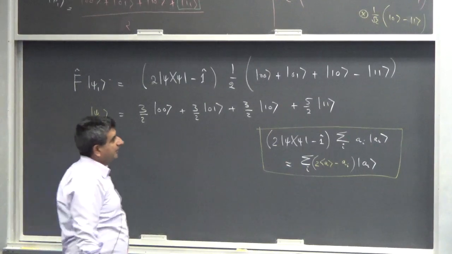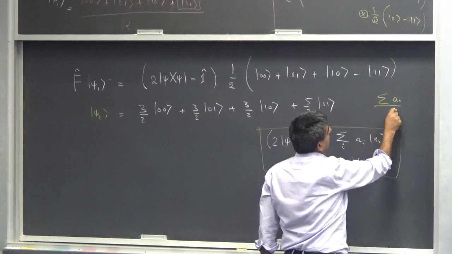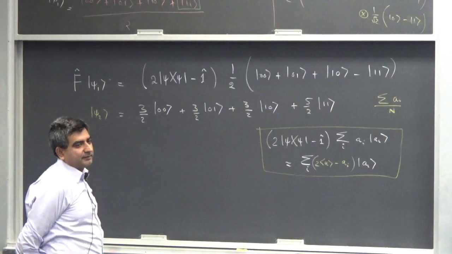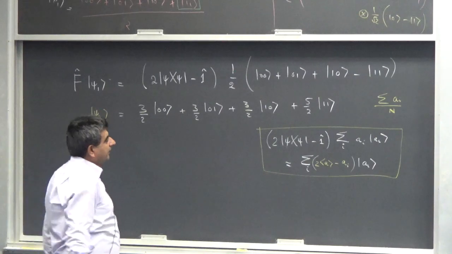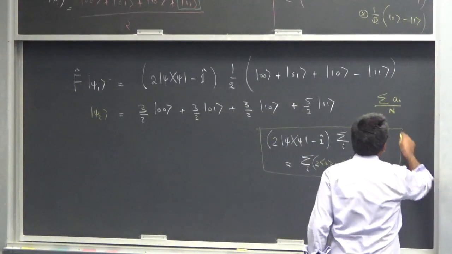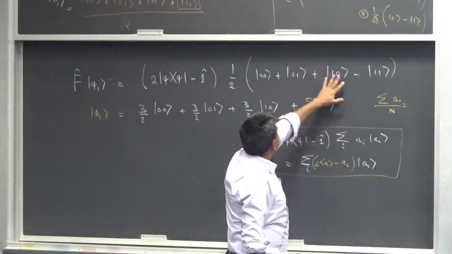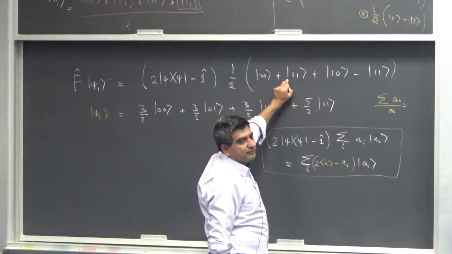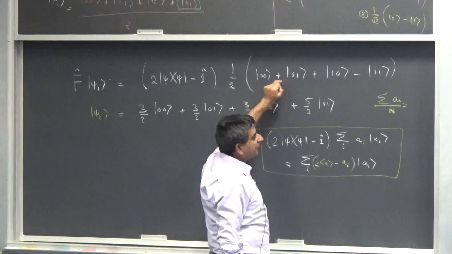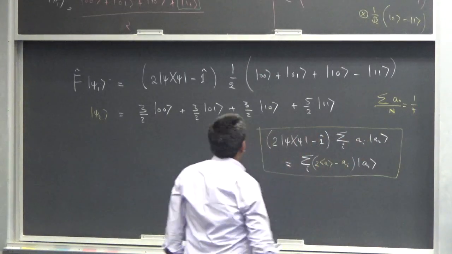That was the average, it was this. So here what is n? 4. Right. So each amplitude is 1/2. So this just goes away. We have 1/2 plus 1/2, which is 4 divided by 4, so it becomes 1/4.